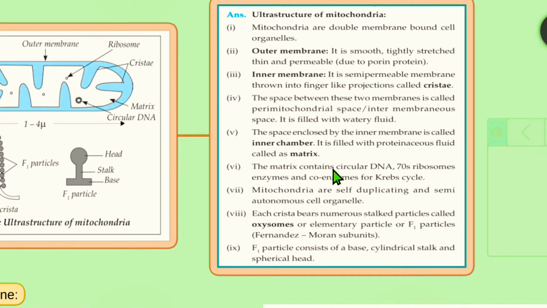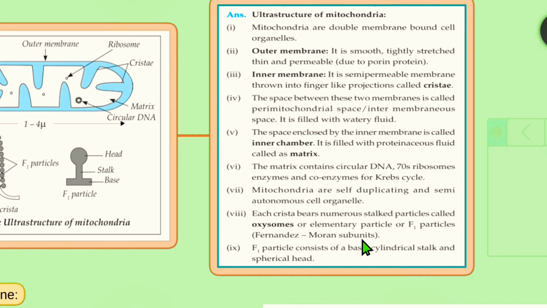The matrix contains circular DNA, 70S ribosomes, enzymes, and some coenzymes for performing the Krebs cycle. Mitochondria are self-duplicating and semi-autonomous cell organelles, and each crista bears numerous stalked particles called oxysomes or elementary particles or F1 particles.